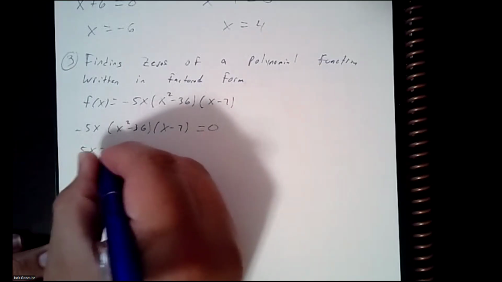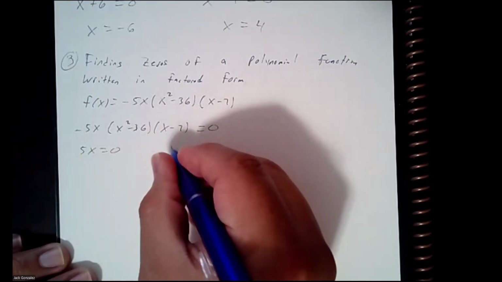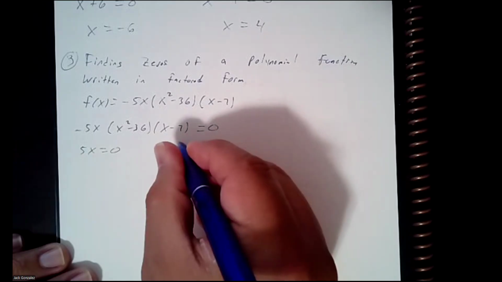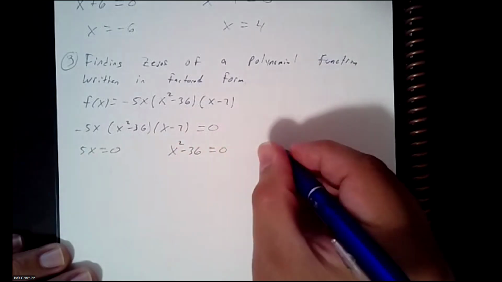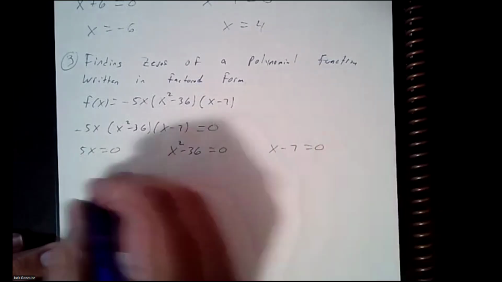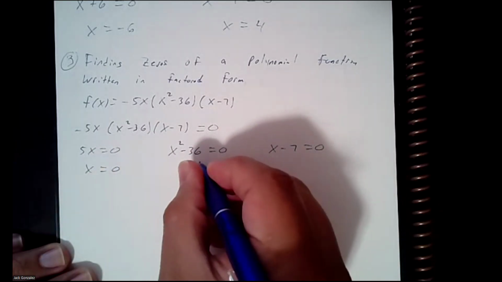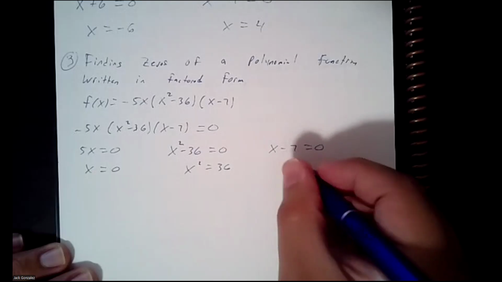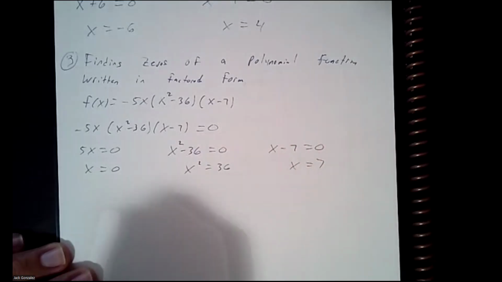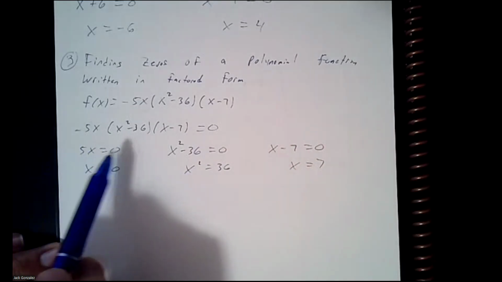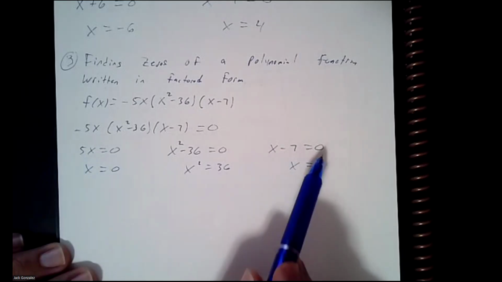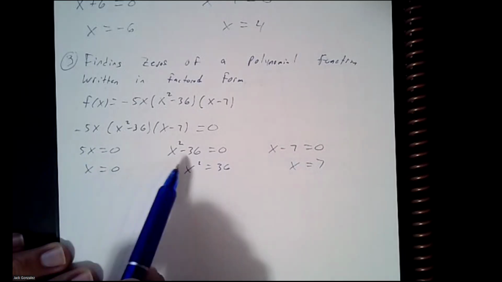Which gives us these equations. Right, just solve for x. Divide by 5 both sides, plus 7 both sides, gets me to here, there.